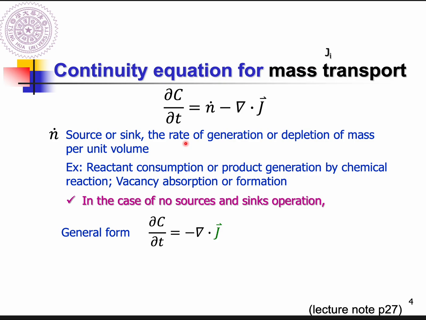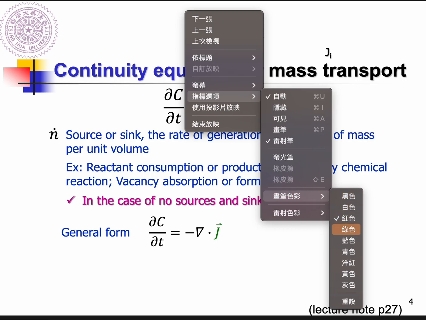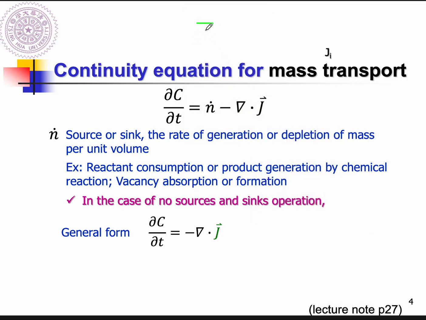If we have a box, a system, sorry, let me draw something. If you have a box here, or you consider this a system, it doesn't matter. The concentration change rate inside this box will equal the generation or depletion rate of the diffusing atoms per unit volume, plus the flux coming from the surroundings.